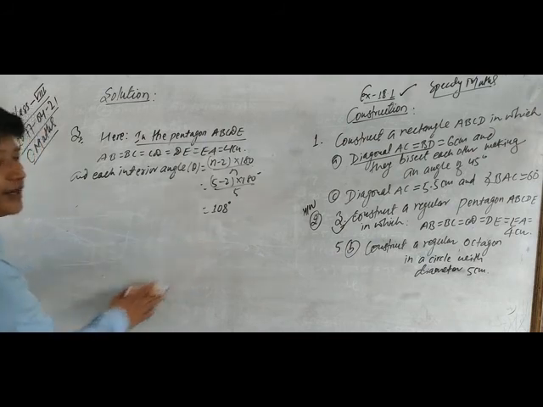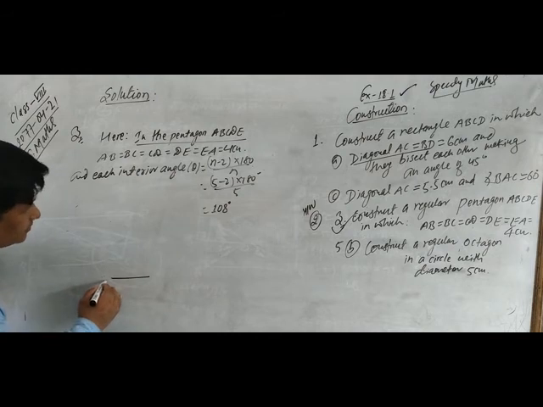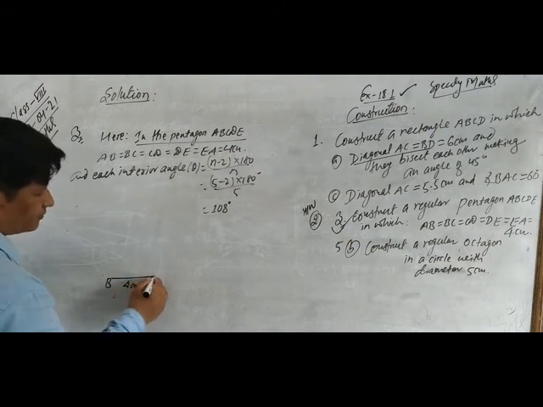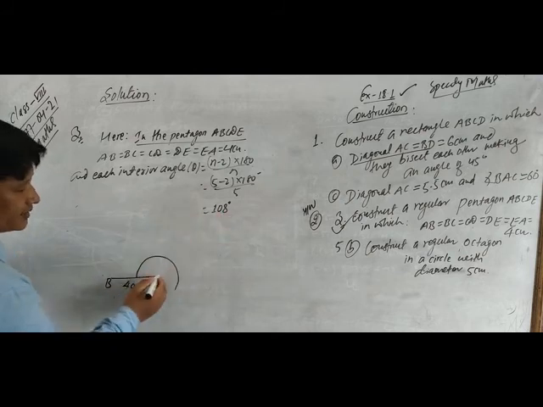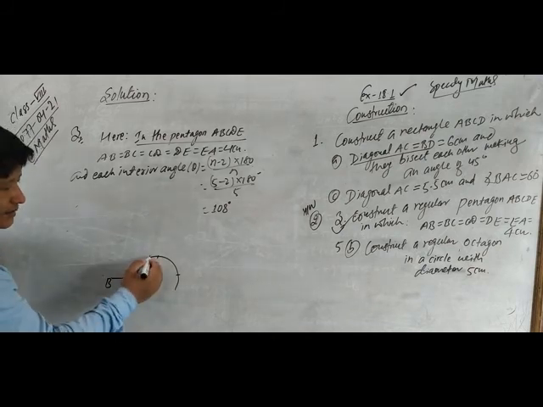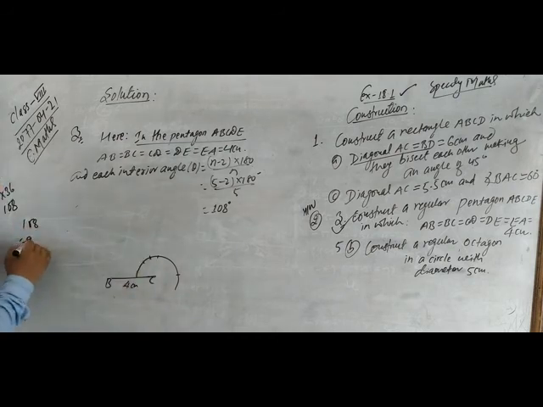Now you can draw the pentagon. So first of all, take one side, BC, 4 cm, and draw here 108 degree interior angle. 60, 60, 60, 6 to the 120, so 108 degree is 90 plus 18 degree.